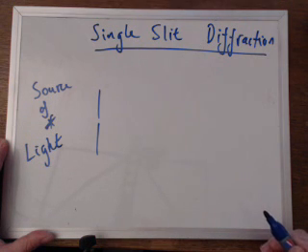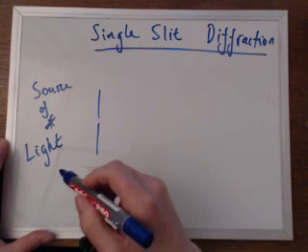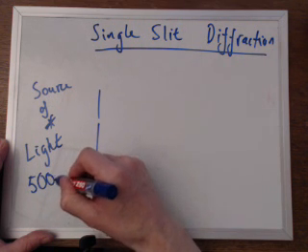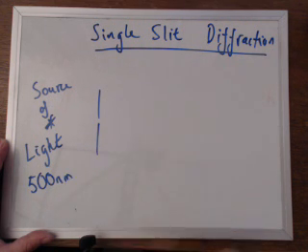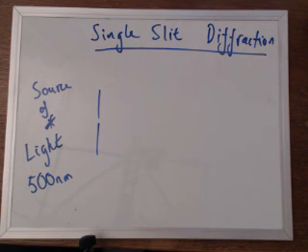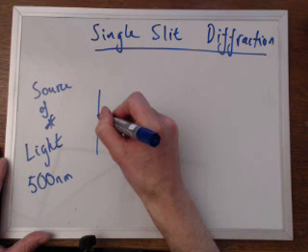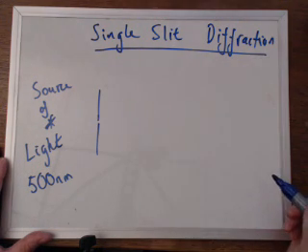Now, on average, the wavelength of the source of light, we often say in physics, is around about 500 nanometers. Now, of course, it doesn't need to be monochromatic light, but of the ranges of light, on average around about 500 nanometers.